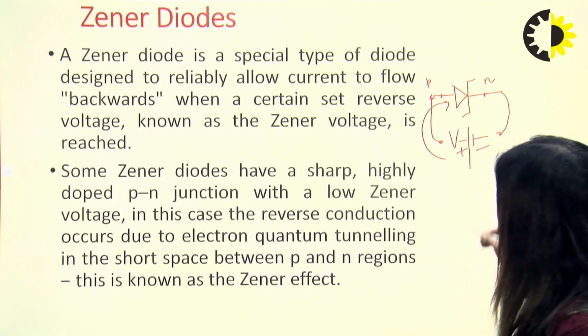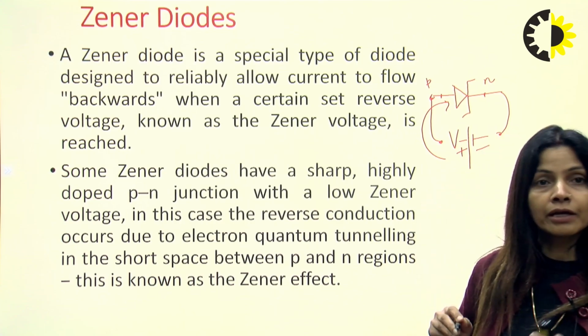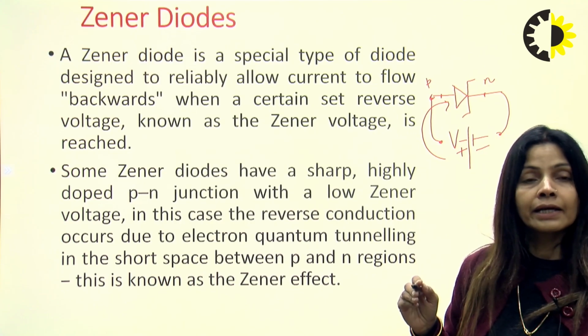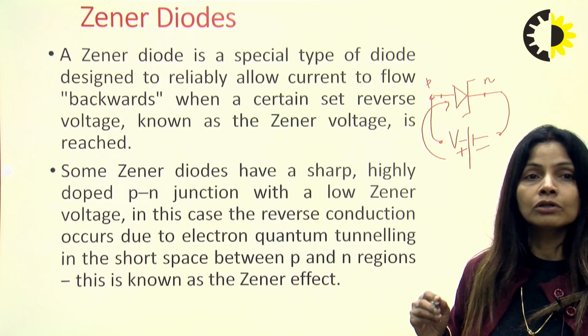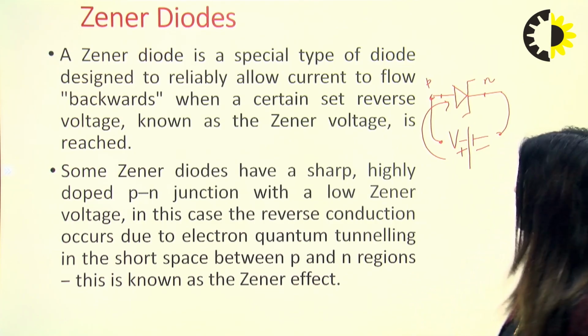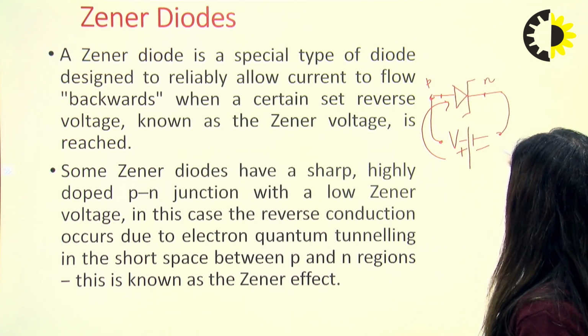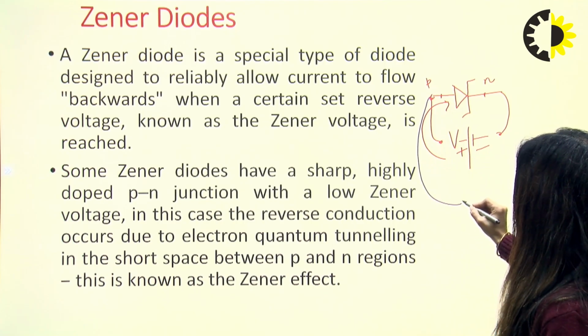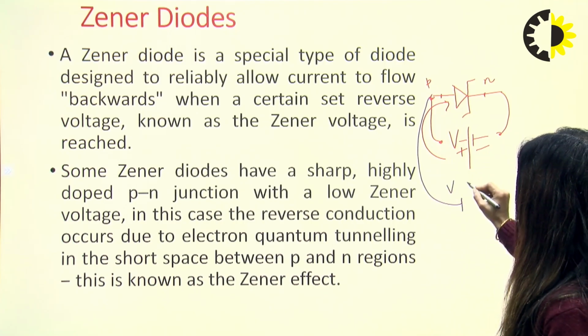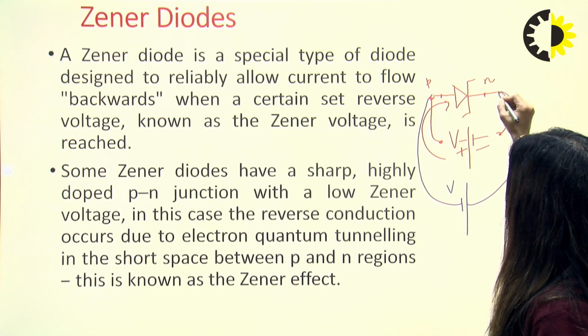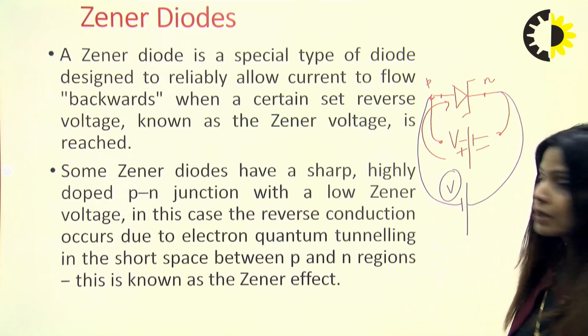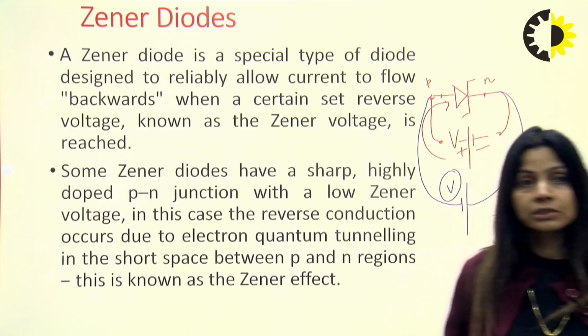If it is forward biased, the Zener diode will behave in a normal manner, just like a junction diode behaves. But if I connect this in a reverse bias condition, with the negative of V connected to the P terminal of the Zener diode, then the Zener diode is reverse biased.